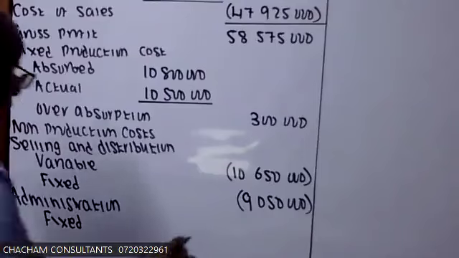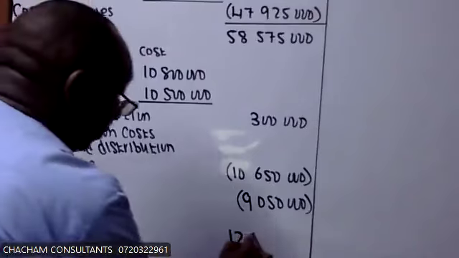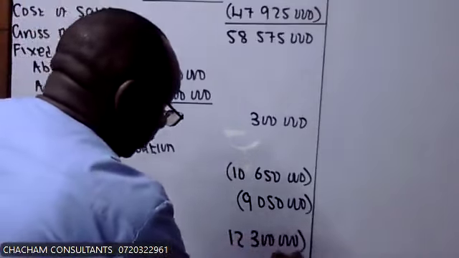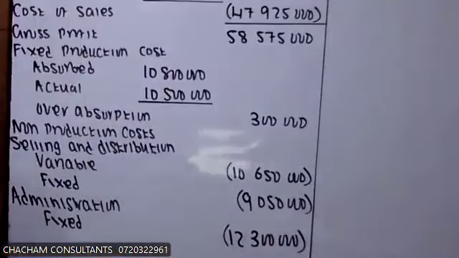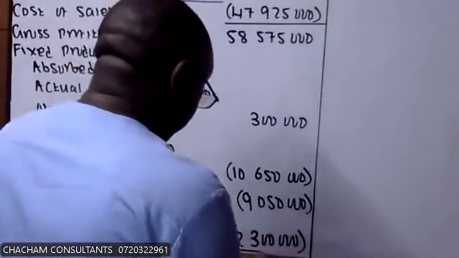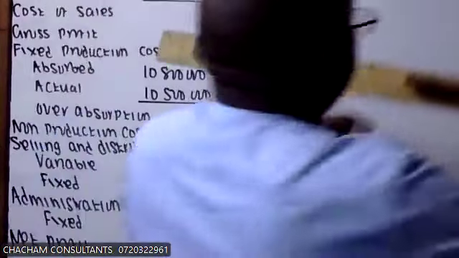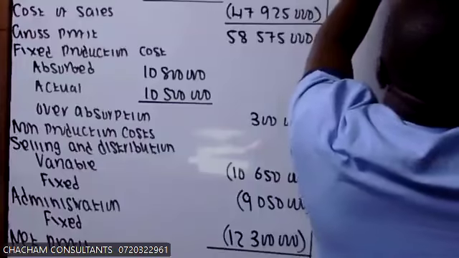So we are going to have 12 million, 300,000. You subtract, and when you subtract, that now gives you the net profit.